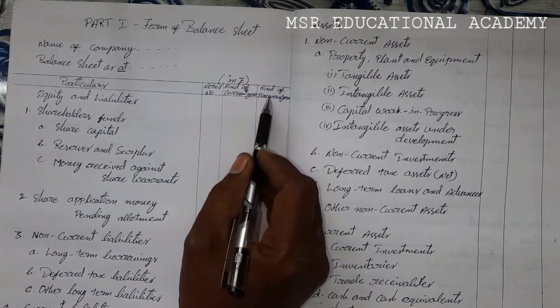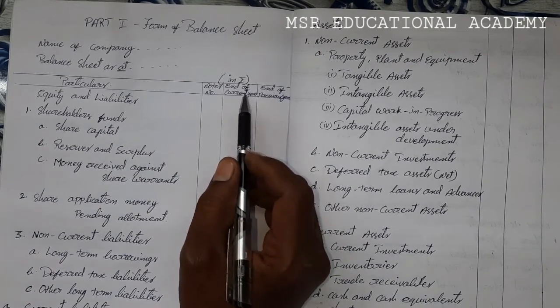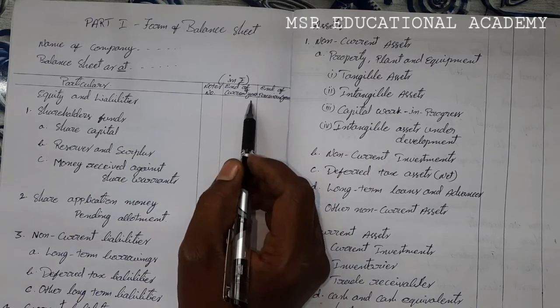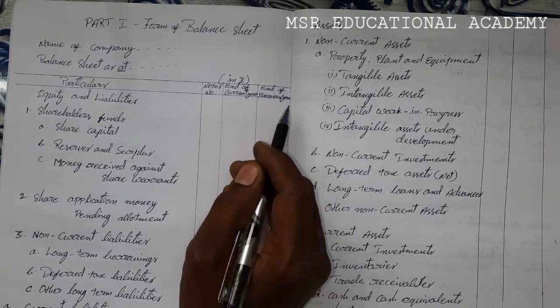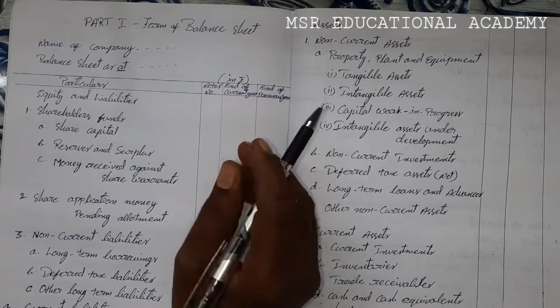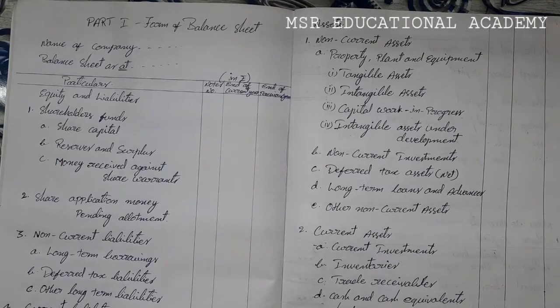As per the question, we should write the amounts in the particular column. If both current year and previous year balances are given, you can use both columns, or otherwise a single column is enough. But the format is this one.